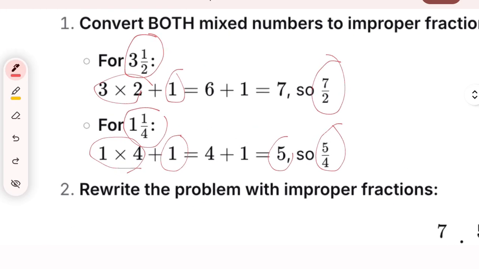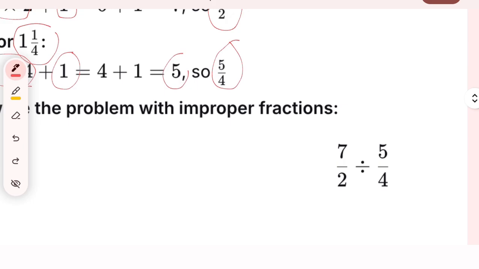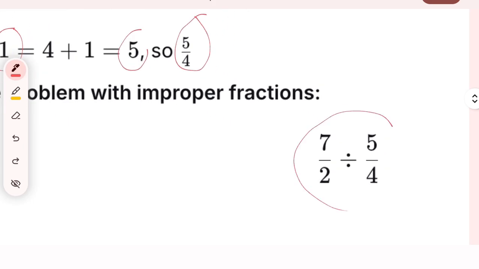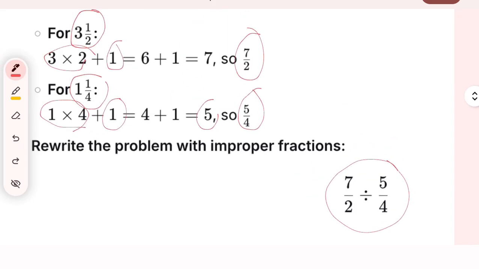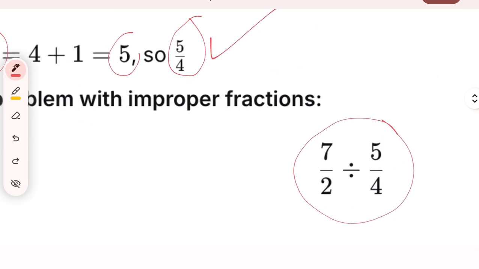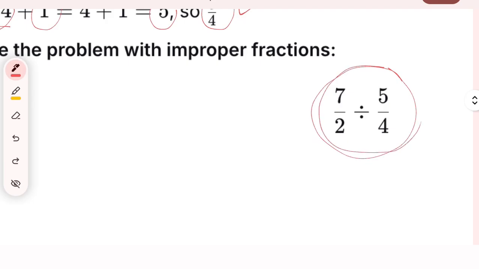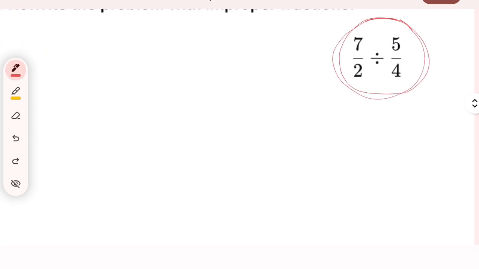Right? So now we can rewrite our problem into this one. See, it looks like this now. So 7/2 divided by 5/4. And since it is a division of fractions, we apply the keep, change, flip.